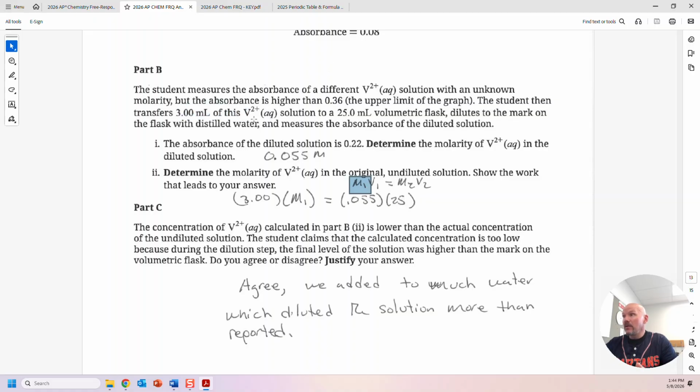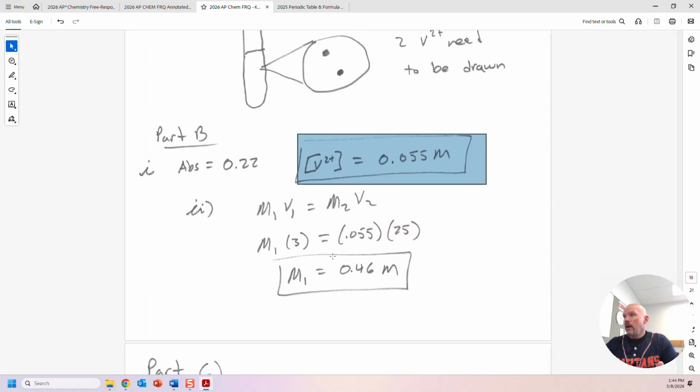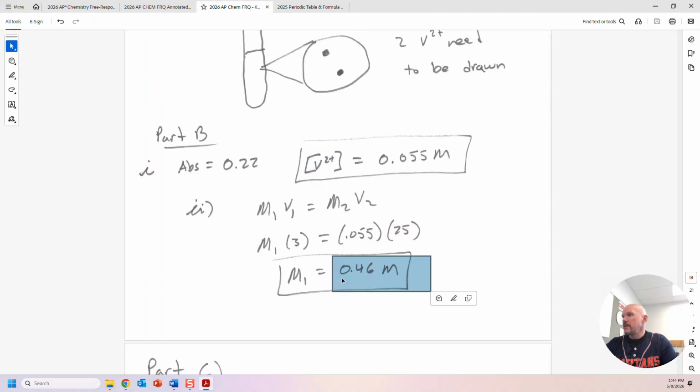We took 3 milliliters of the undiluted solution, so that's why V1 is 3. M1 is what we're solving for, okay? And we just figured out the molarity from the chart, and we diluted it to 25 milliliters in a 25 milliliter volumetric flask. So all we have to do is solve for M1, and that would be what the molarity of that solution was. So it comes out to be 0.46. Okay. All right.